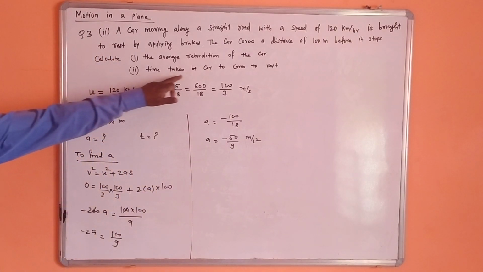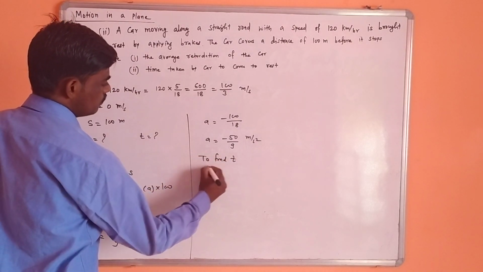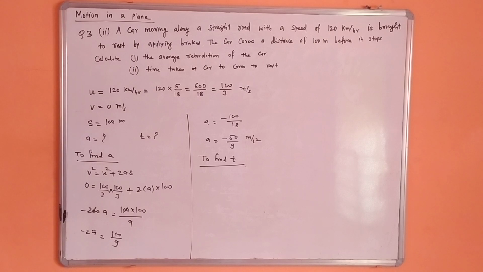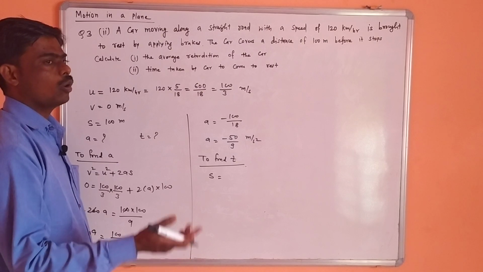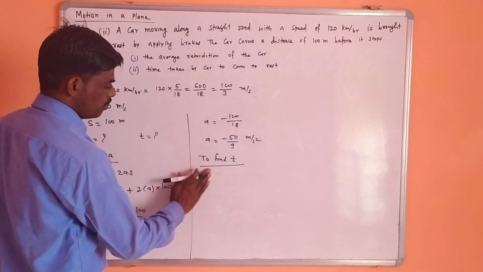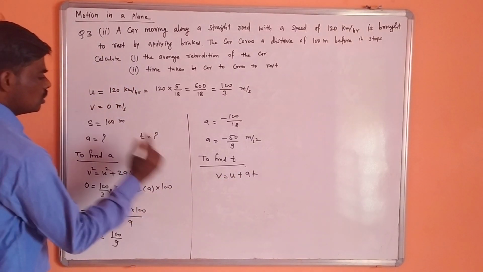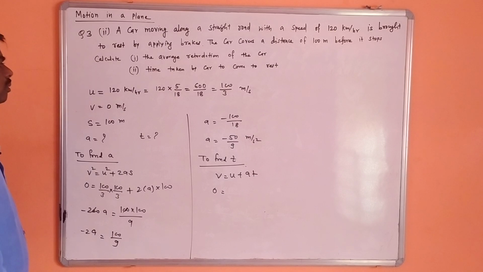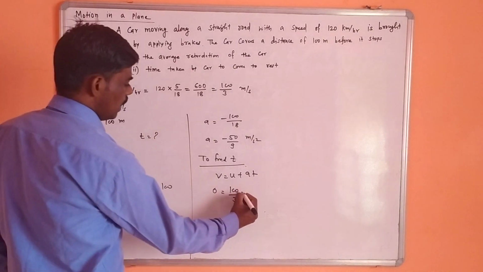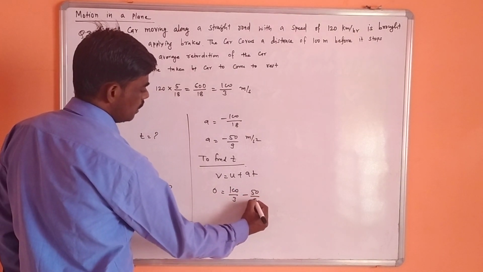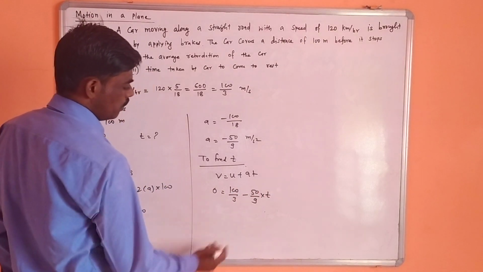Then the second term is time. To find t, again we can use a kinematic equation: s equals ut plus 1/2 at square, or v equals u plus at. The simpler one we can use is v equals u plus at. v, the final velocity, is 0, u, the initial velocity, is 100 by 3, and a is minus 50 by 9, then time t we have to find out.